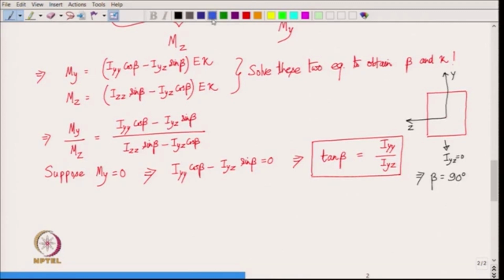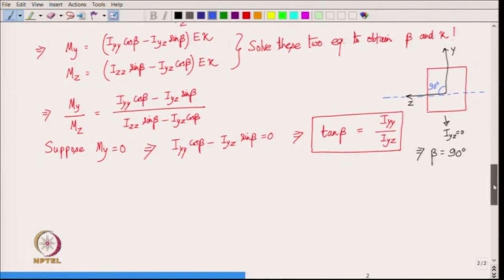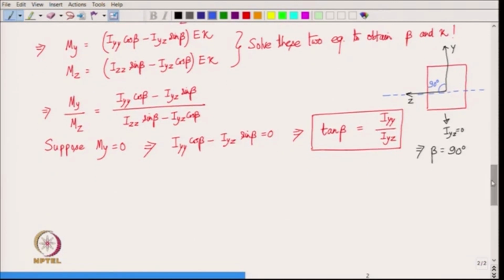So, it perfectly matches with our earlier result, but here we have a more general formula for the inclination of the neutral axis. Okay. So, we can box this formula.